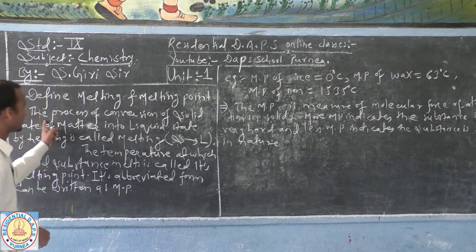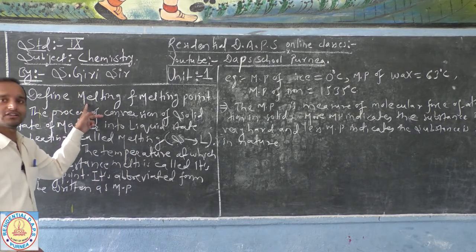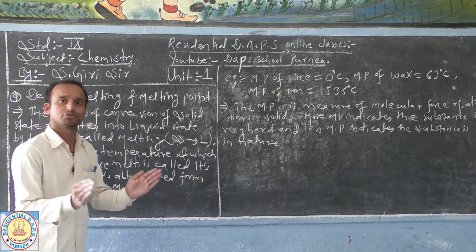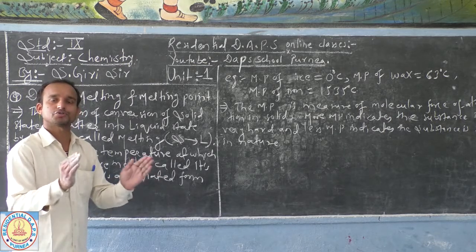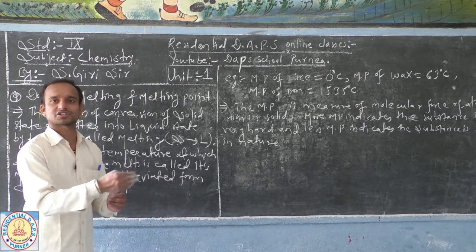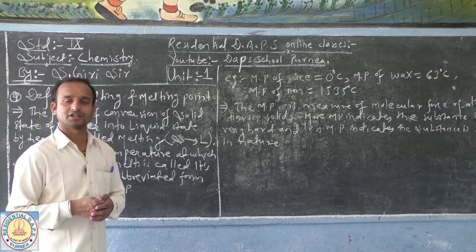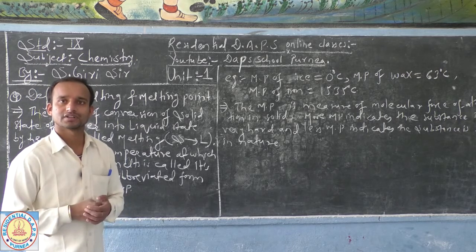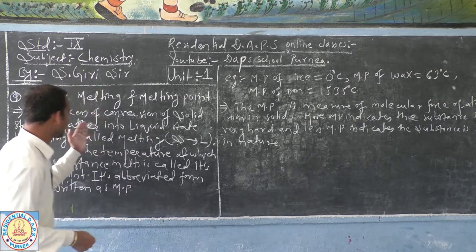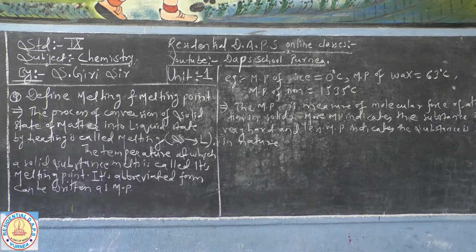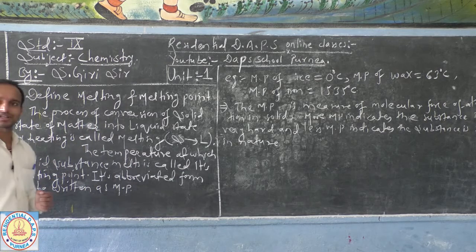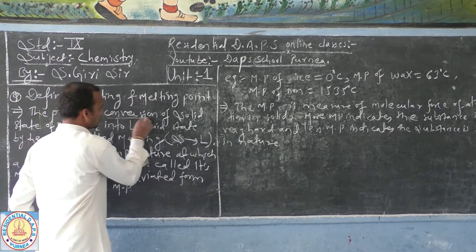So here, melting means exactly that the solid starts to expand and changes into the next state of matter, that is liquid, with the application of heat. So dear student, here you can see the definition.